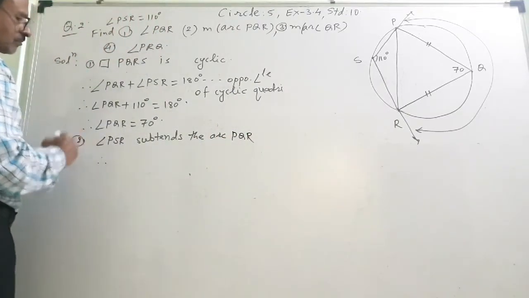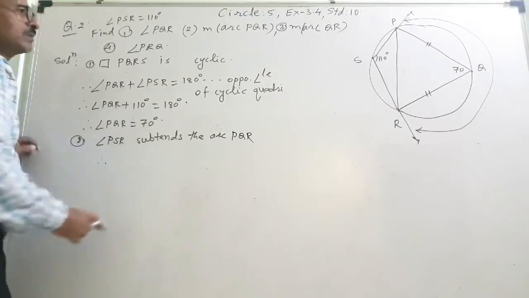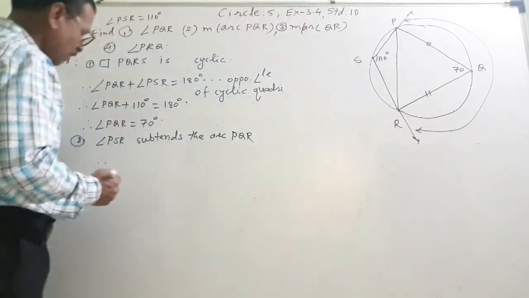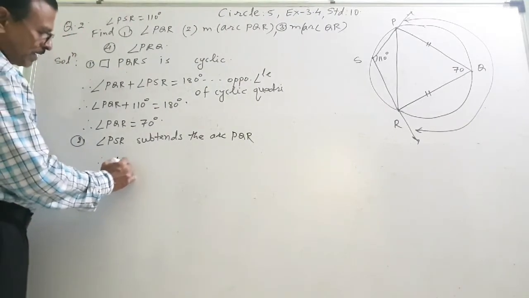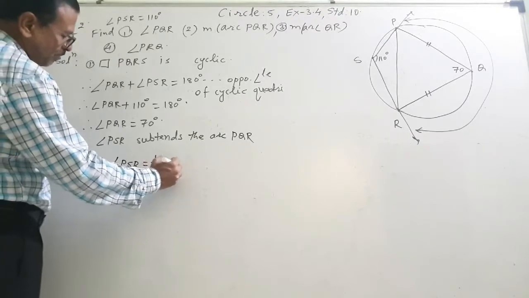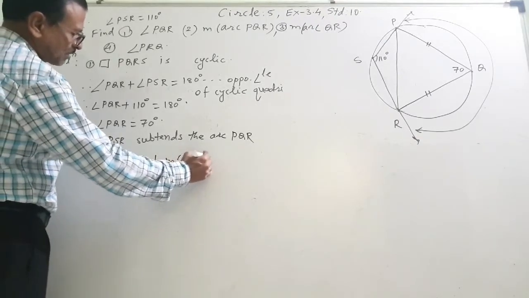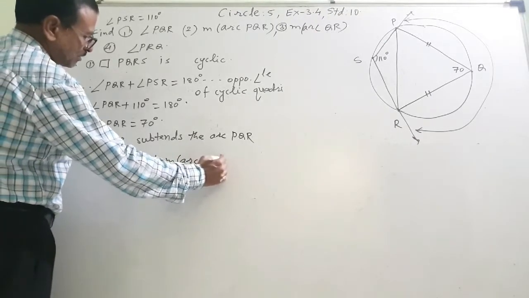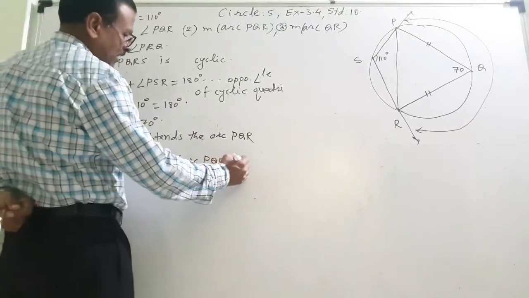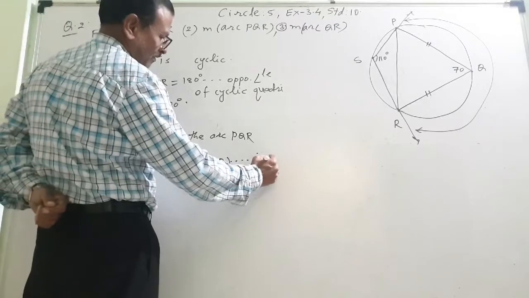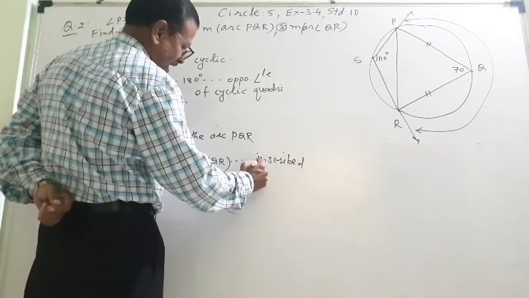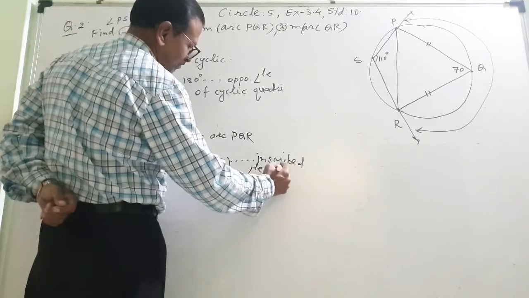Therefore, this angle is half of this arc. So, angle PSR is equal to 1/2 major arc PQR. Reason is the inscribed angle theorem.